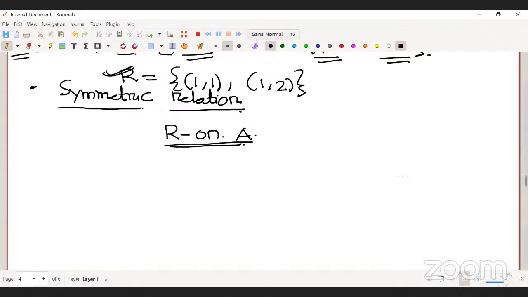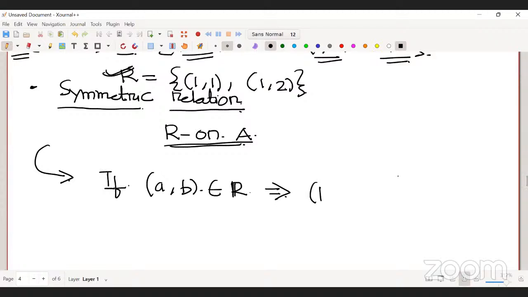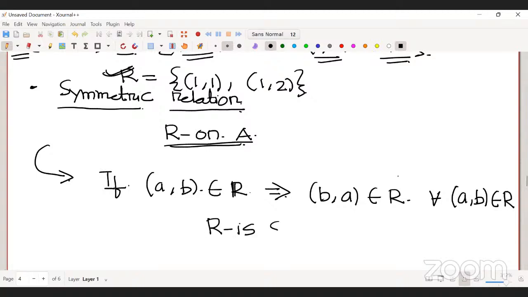For that, you need to check this condition: if A comma B is in R, then B comma A is also in R. If this holds for all A comma B in R, then we can say that R is a symmetric relation.